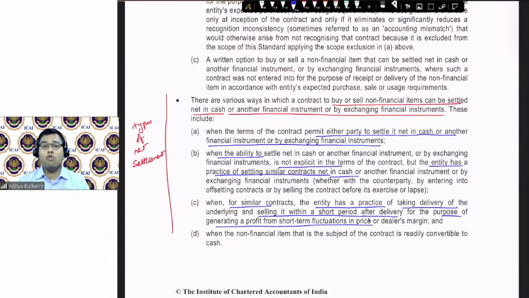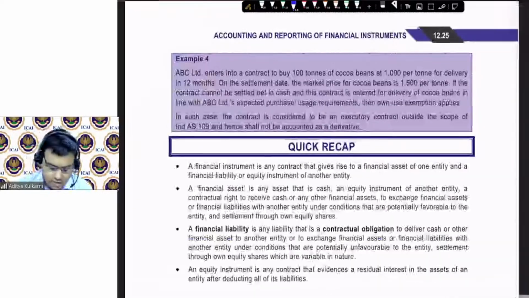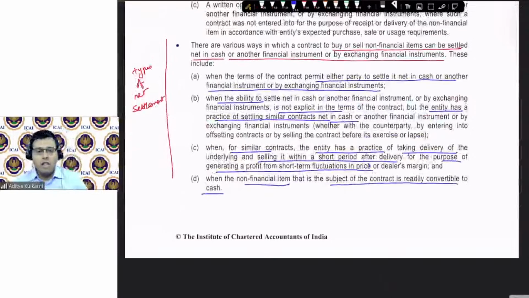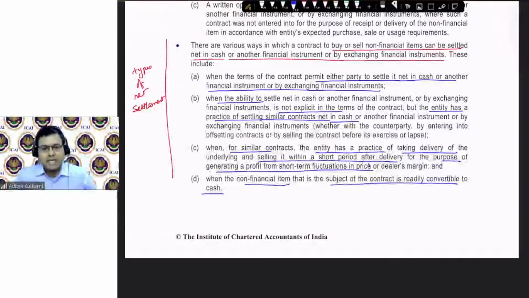So therefore, own use exemptions and net settlements, you cover this also. And the last one is when the non-financial item that is the subject of a contract is readily convertible to cash. So net settlement has all these four features that you have to understand.